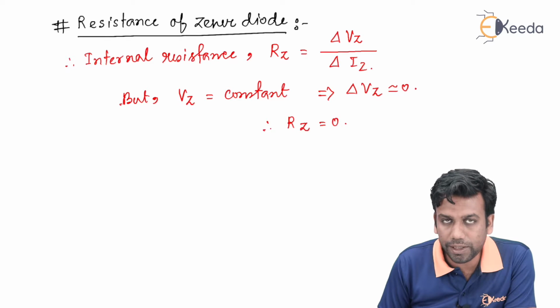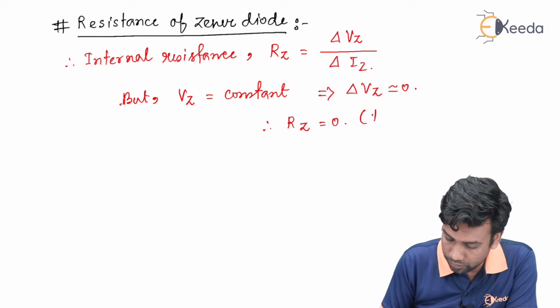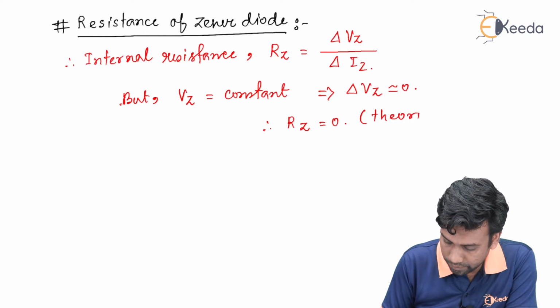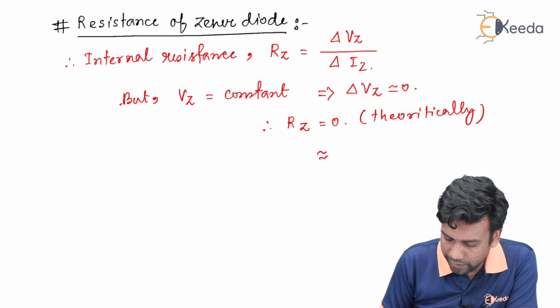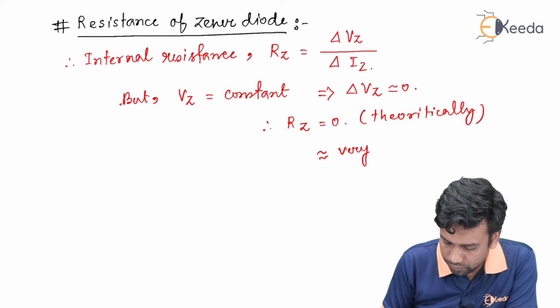So, the dynamic resistance of the Zener diode is theoretically 0, but practically it will be a very small value.